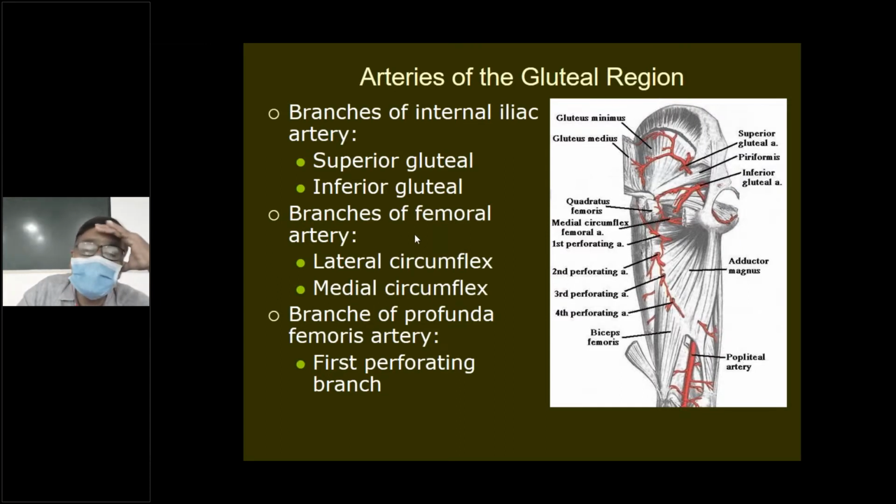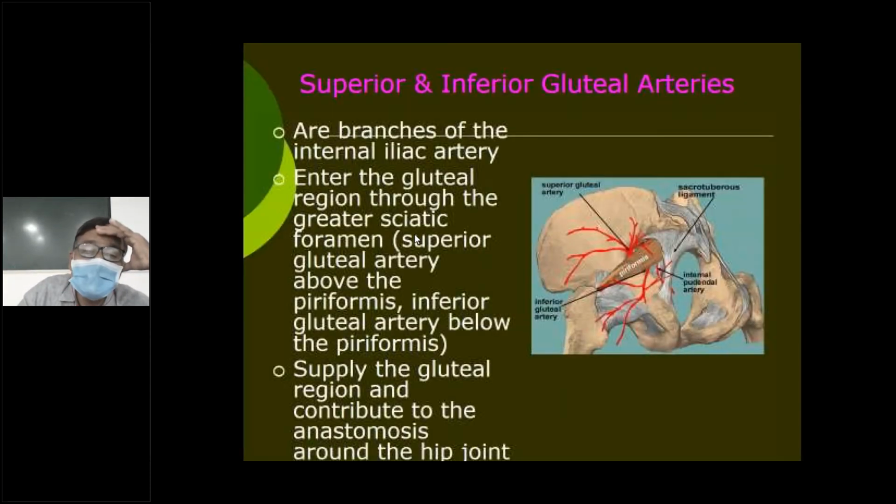Now, what is the importance of all these arteries? They supply the muscles around, all right, but they form some important anastomoses, namely the trochanteric and cruciate anastomosis. So look at that. Superior gluteal artery above the piriformis, inferior gluteal here.